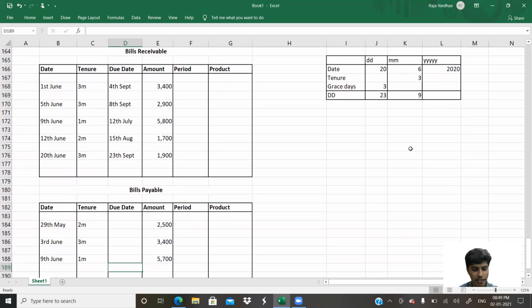Don't worry. 29th May, 2 months. I will add 3 grace days. Now I'll show. 29 plus 3 comes to how much? 32. Am I right? 5 plus 2 comes to 7. 32nd of July is not there, only 31 days are there.